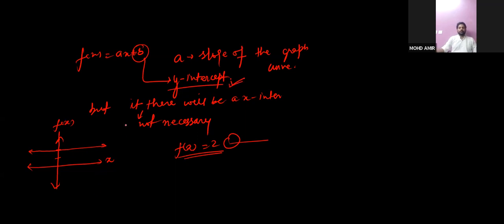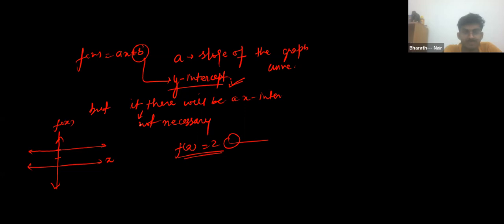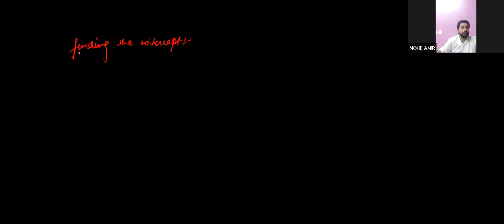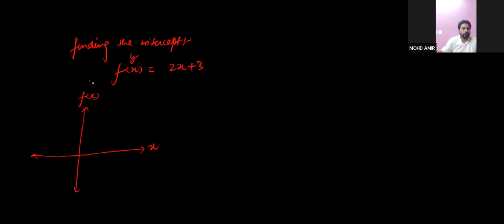So how do we find the intercept? We divide by f of x. There is a much easier way. Let's say f of x is equal to 2x plus 3. This is the x-axis and this is f of x, or we can consider it as y.